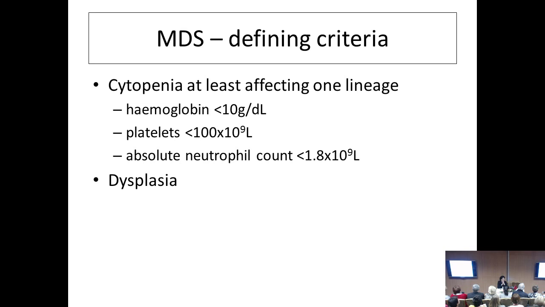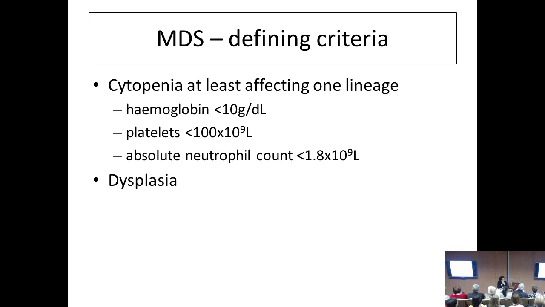This means hemoglobin below 10 grams per deciliter, platelets below 100,000, and the neutrophil count below 1,800 per microliter. These are defining thresholds for cytopenia with regard to MDS. If you have a clear-cut dysplasia on morphological grounds, then the levels may be higher, but still it must be cytopenia. Dysplasia without cytopenia is not an MDS.